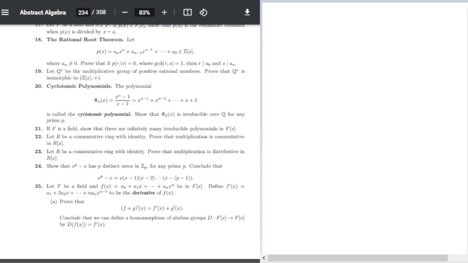So, rational root theorem. Suppose you have a polynomial which is written in terms of integer coefficients. So a naught, or actually do they begin the listing? They begin the listing at a n, okay. So we have a n x to the n plus ... a naught x to the naught.